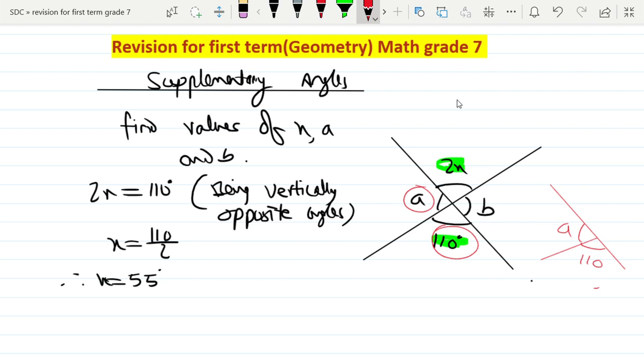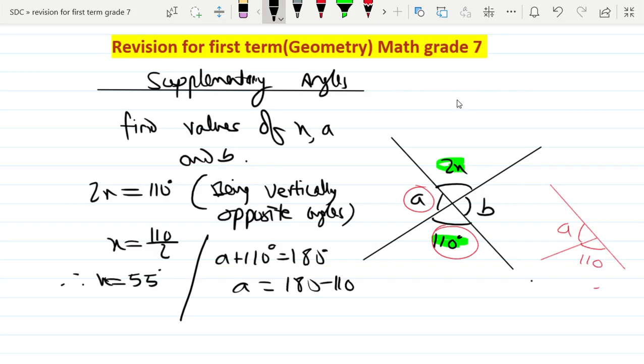Clearly a and 110 are angles lying on a straight line, so their sum we take as 180 degree. So you do a plus 110 equal to 180 degree. This will give you a equal to 180 minus 110, so a will become 70 degree. And the reason you provide is being supplementary angle, or adjacent supplementary angle, or sum of angles on a straight line.